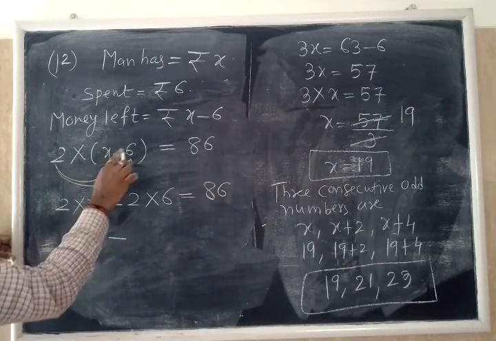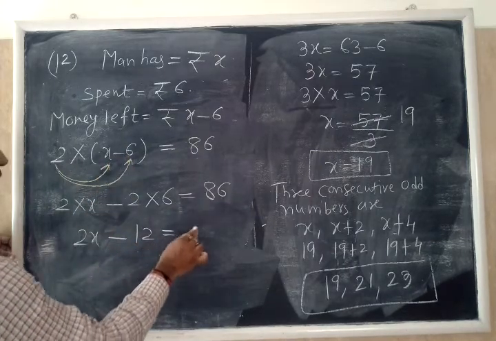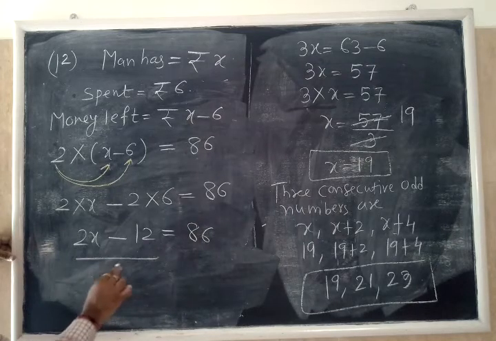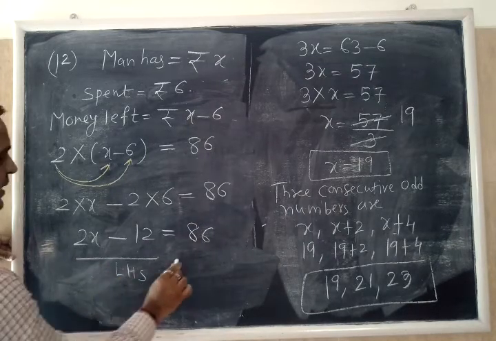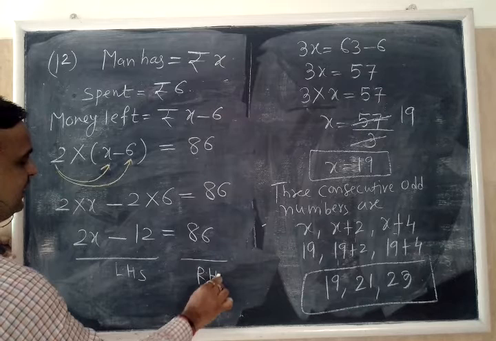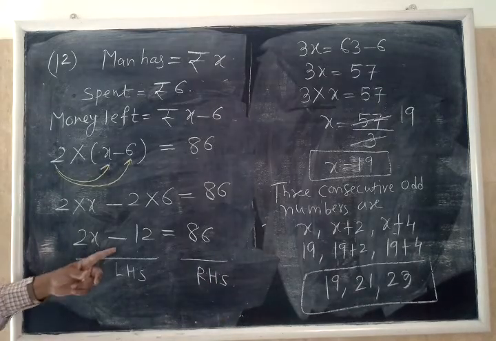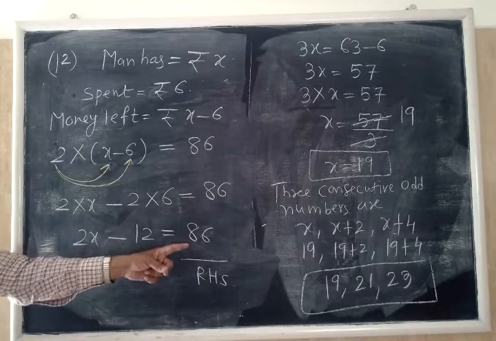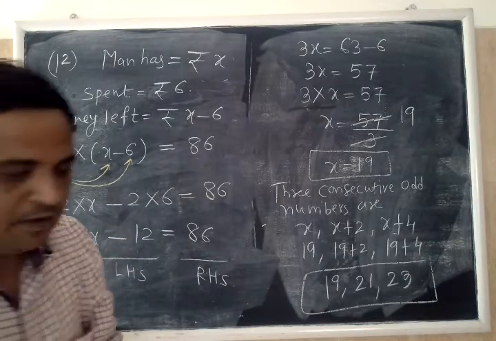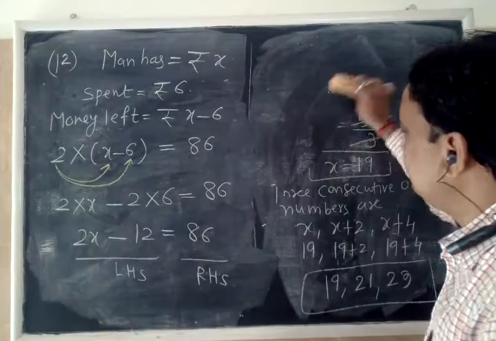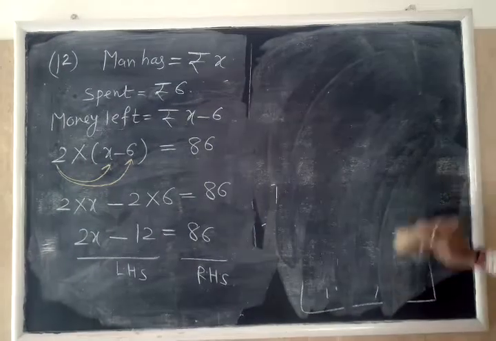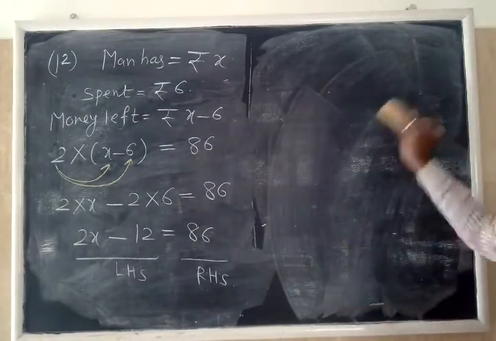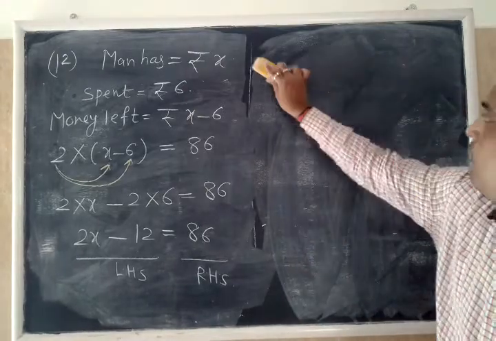Minus 2 into 6, 12, is equal to 86. This is my left hand side and this is my right hand side. In the left hand side, it is minus 12. So when I take minus 12 to the right hand side, it will become plus 12. So 2x is equal to 86 plus 12.